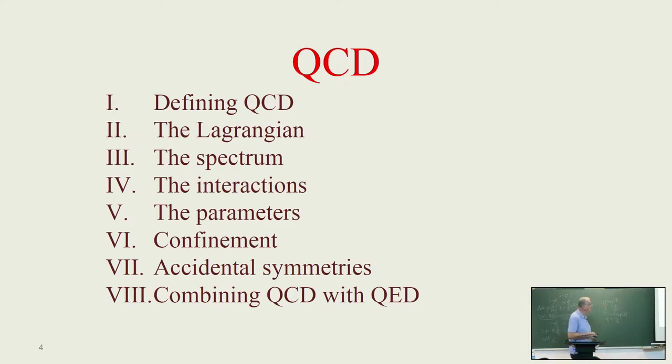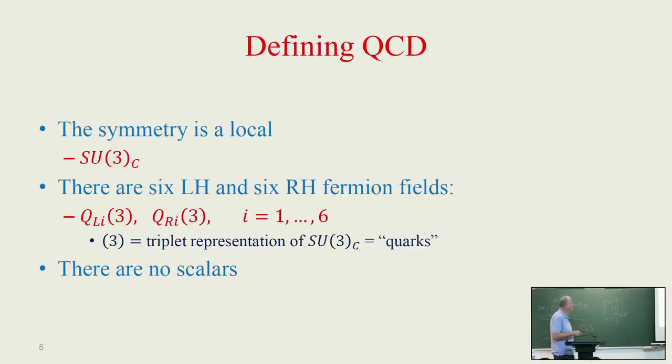The spectrum, what are the mass eigenstates, the interactions, how many parameters, what they are, and in the case of QCD, we will explain what confinement is, accidental symmetry, and if time allows, there is a little exercise, do QCD plus QED, and if not, then we will skip that.